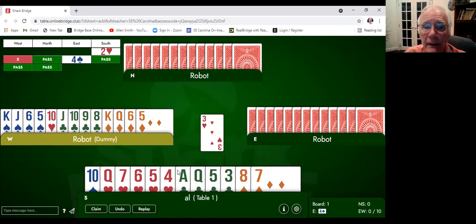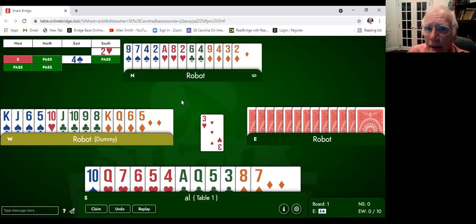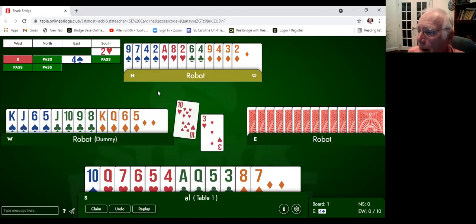And the dummy comes down. Our partner goes, hey, my partner did not make a power lead in the suit that he preempted in. So let's look at our partner's hand, and lo and behold, fortunately, our partner has the ace.